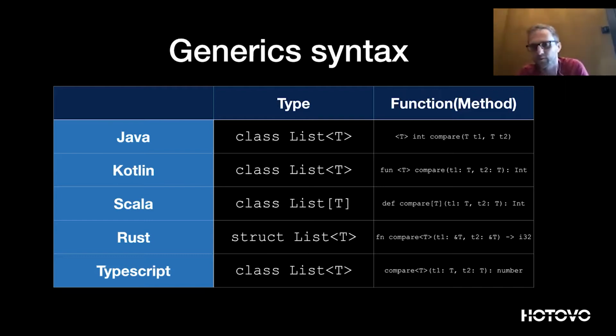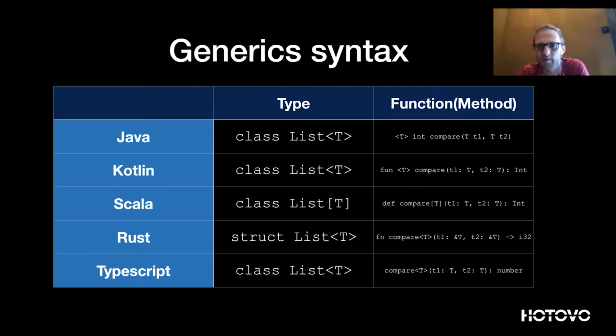As I mentioned before, generics apply to classes or interfaces and functions or methods. If the function is within an object, it's a method. So in Java, we declare the type parameter T up front, and then we can use it in either the return type or the parameter type. Kotlin uses the same approach. You just need to declare a function with fun, and the type goes after the name of the parameter. Similar with Scala, which instead of fun uses the def keyword, and the type parameter goes after the name of the function.